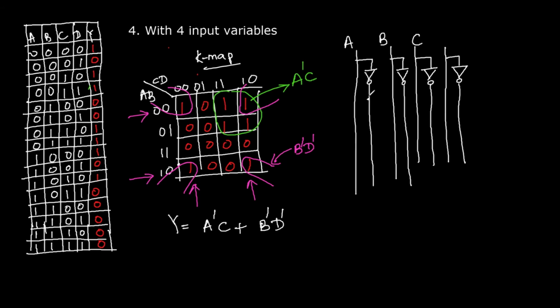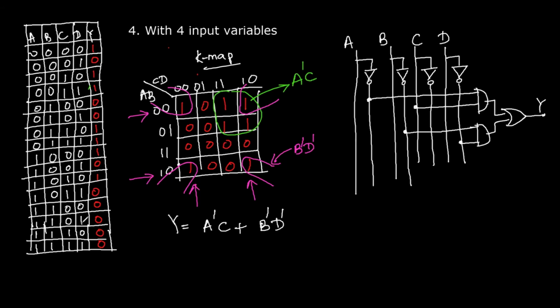Complement of A, which comes out of this, and C, normal C, and both of these into an AND gate. Let me draw that nicer. Have an AND gate over here, together with the complement of B, which is this, and the complement of D, which is this point. You have an AND gate over there, and both of these into an OR. So that is your output Y. It's as easy as that.